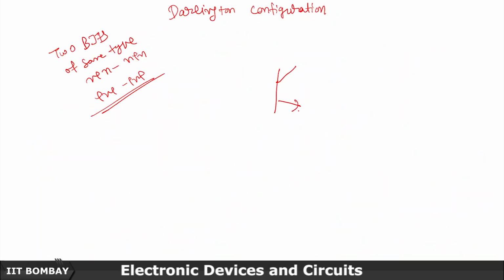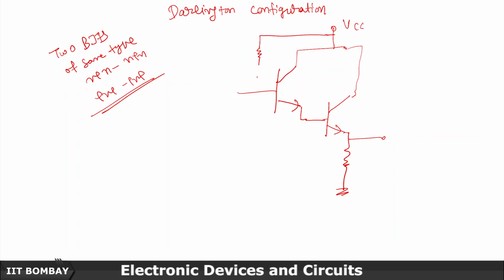The output of one transistor is the base current for this one. I will just draw the DC equivalent. Let's say for this transistor it is beta 1, and this is beta 2.